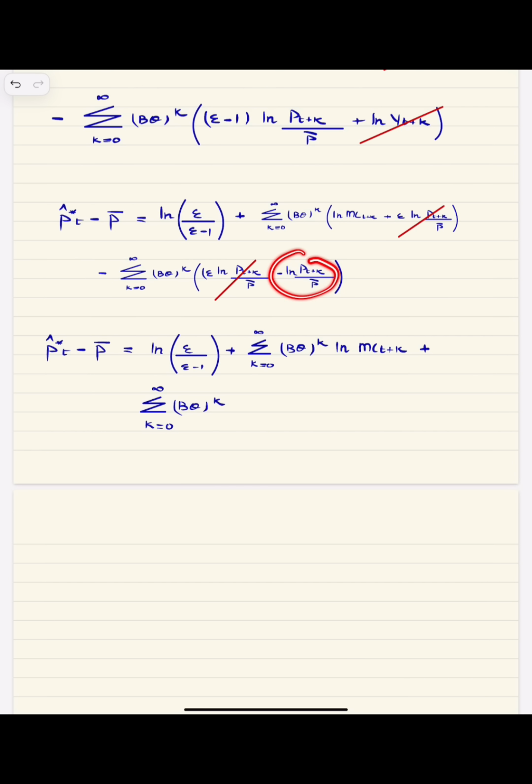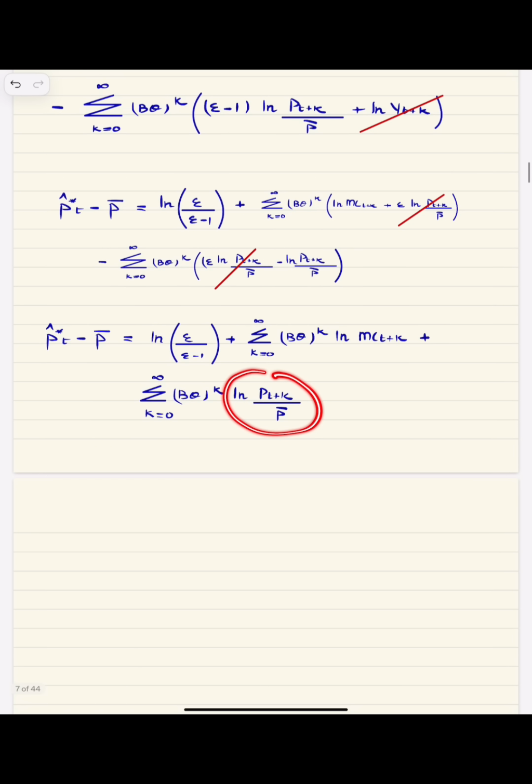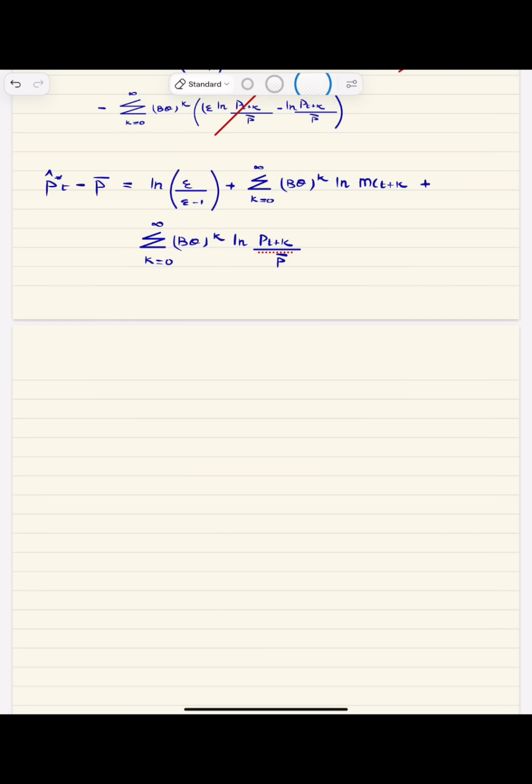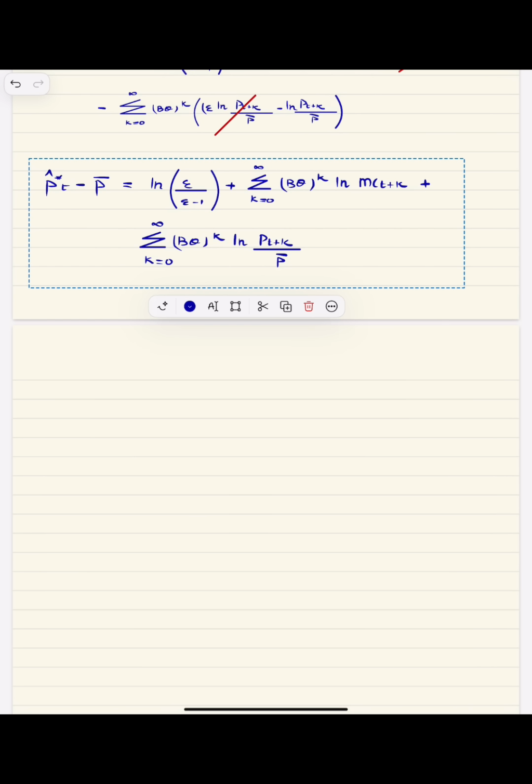So we get an ln pk pt plus k over p bar. And this we already know is equal to a p hat star, right? Okay, now this is the equation.